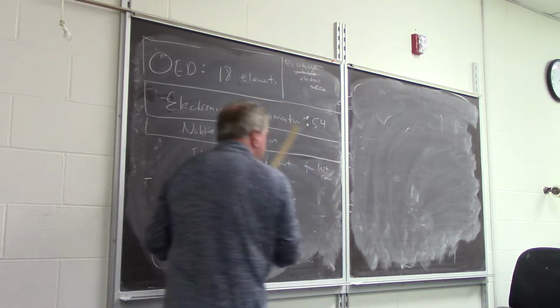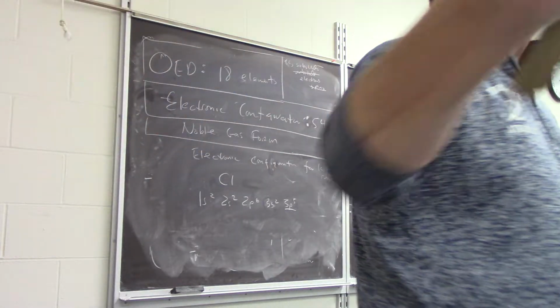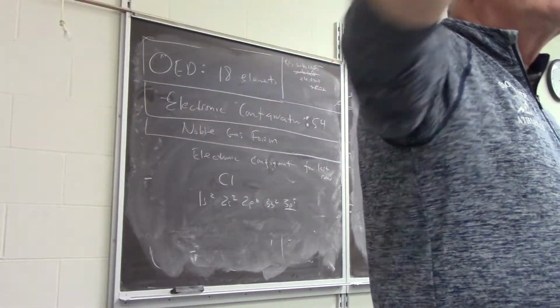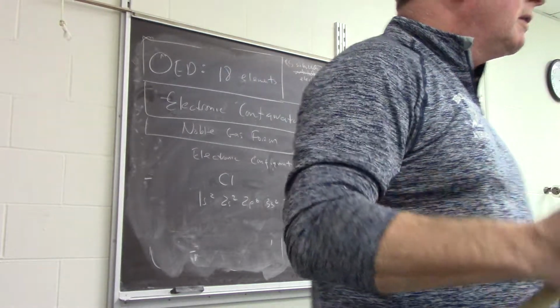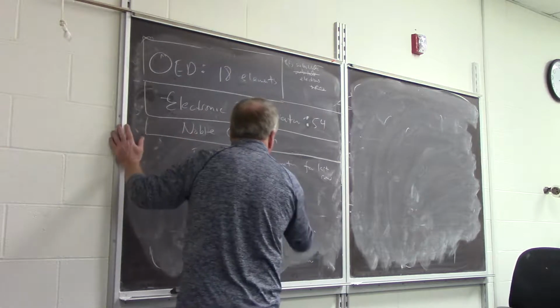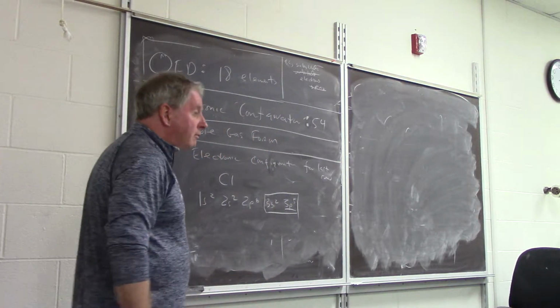So 3p5, 1, 2, 3, 4, 5, and then 3s2, 2p6, 2s2, and 1s2. All right, the noble gas form is you write down the last row.